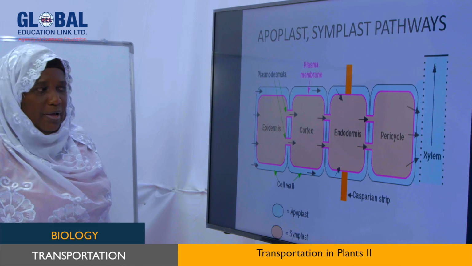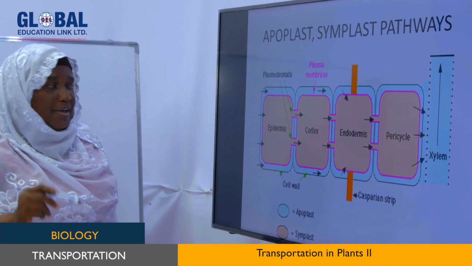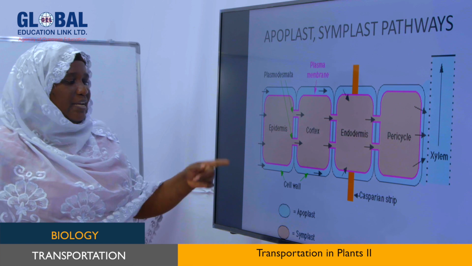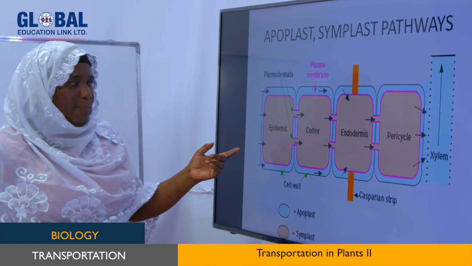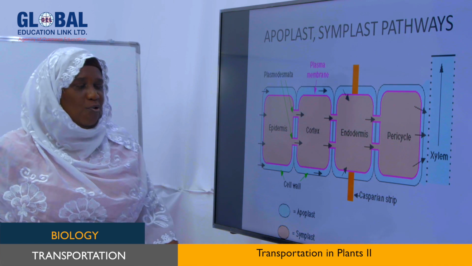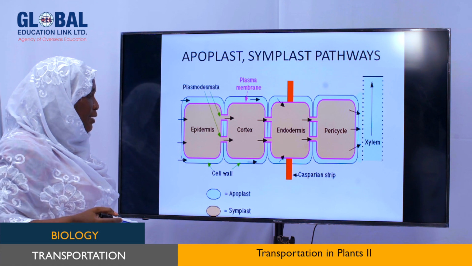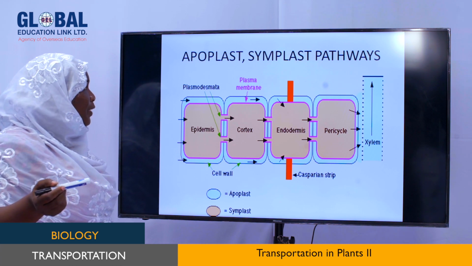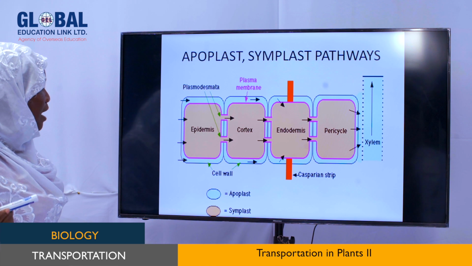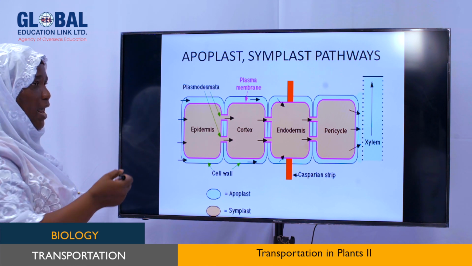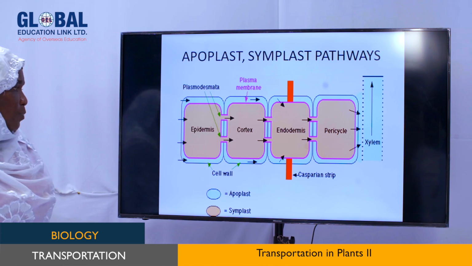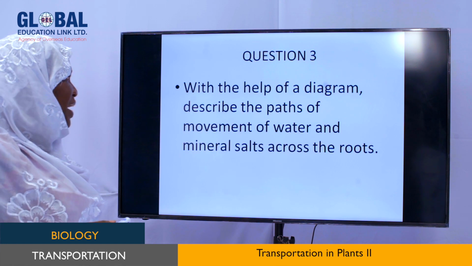Symplast pathway. The third way is not indicated in this diagram. The third way is the vacuolar pathway. Let me show you another diagram in order to visualize the vacuolar pathway.